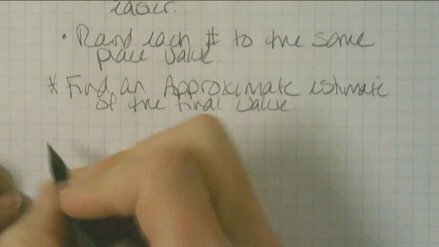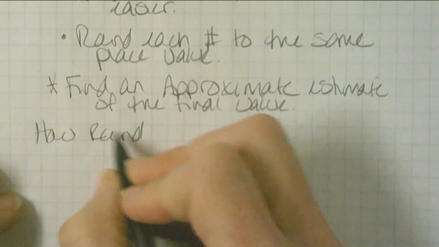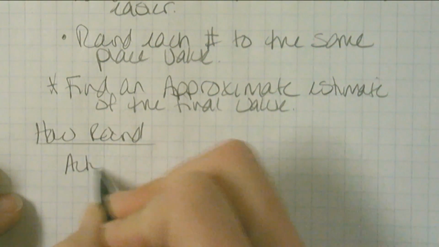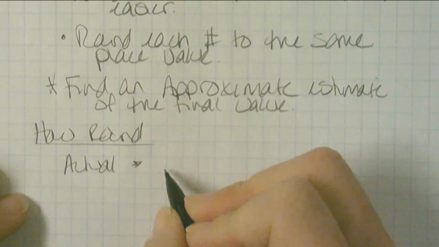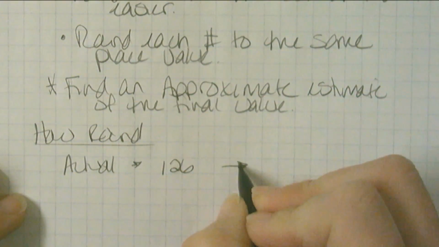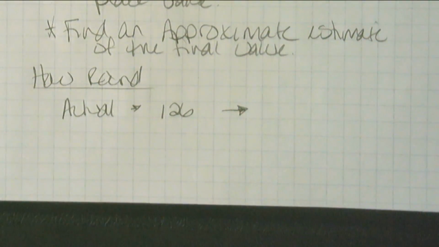So let's talk about how we would round. If my actual is $126, what is that close to, where we can round it and use easy mental math with that number to get an estimate?